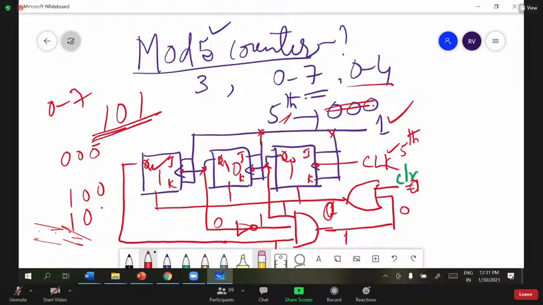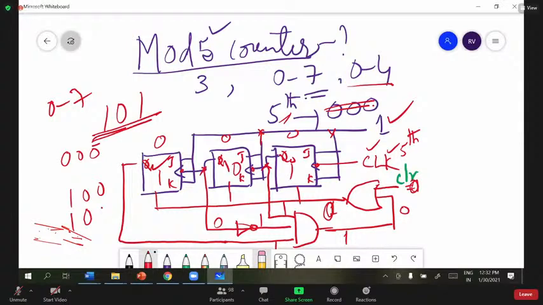Initially I made clear equal to 1 and started. I reset all the flip-flops. I got 000 initially. Then I put the 0 and start giving the clock pulse. Then it starts counting.